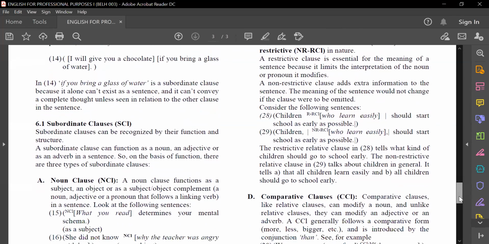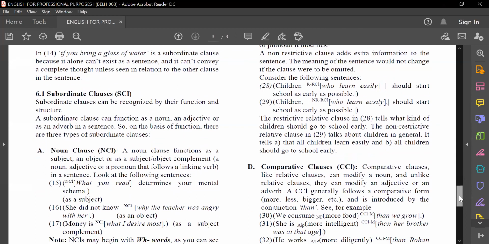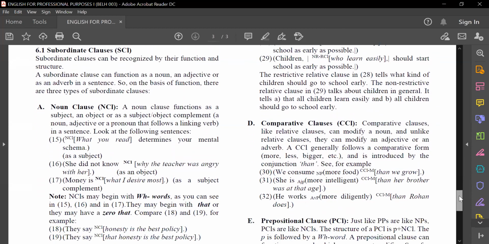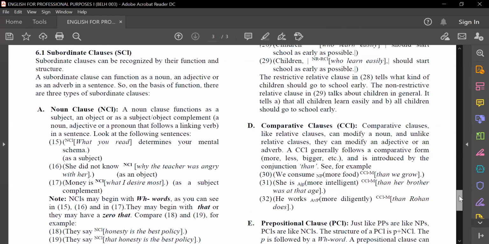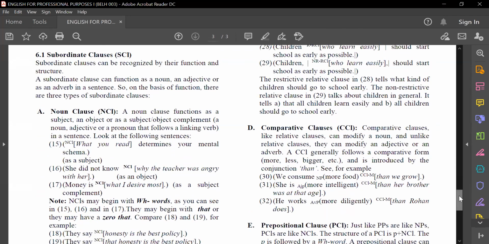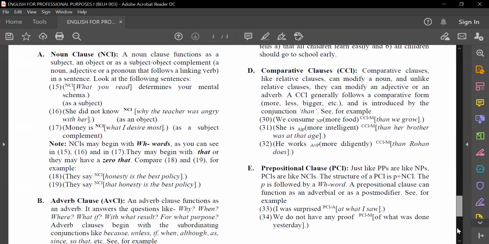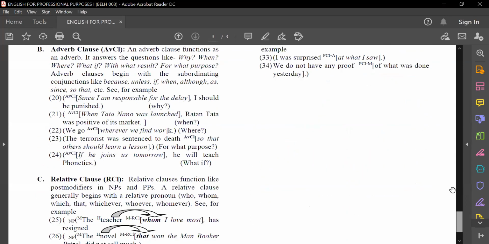Now, when we talk about subordinate clauses and the types of subordinate clauses, we are basically concerned with the dependent clauses. When we talk about the subtypes of dependent clauses, then come the types within those dependent clauses. So we have noun clause and other clauses like adverb clause, prepositional clause, relative clause, comparative clause.